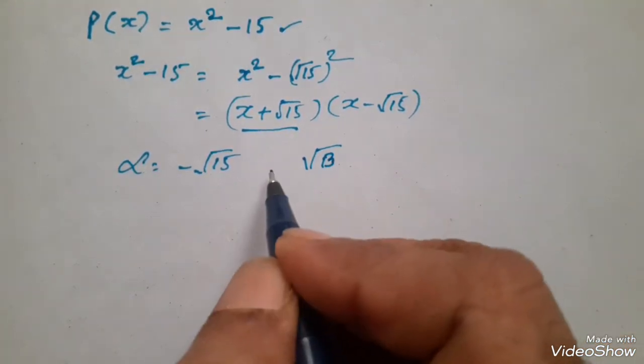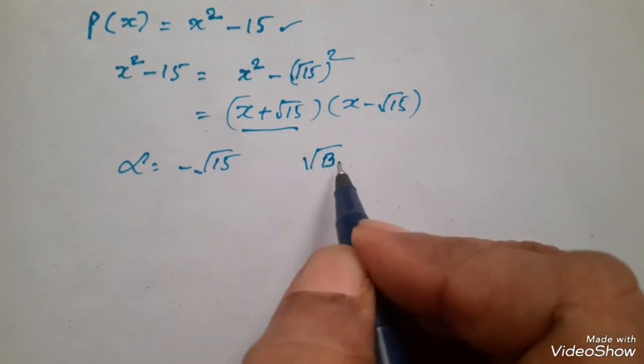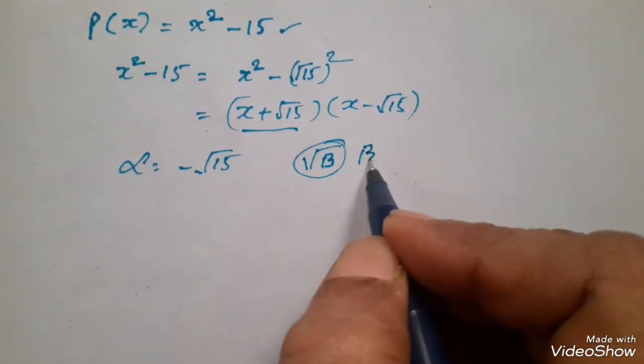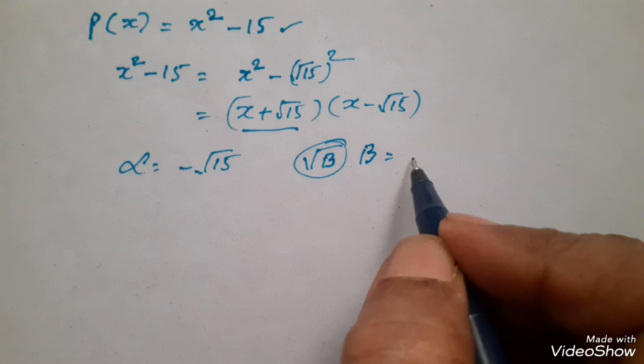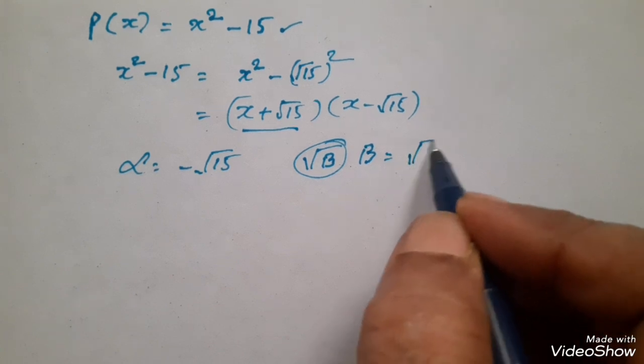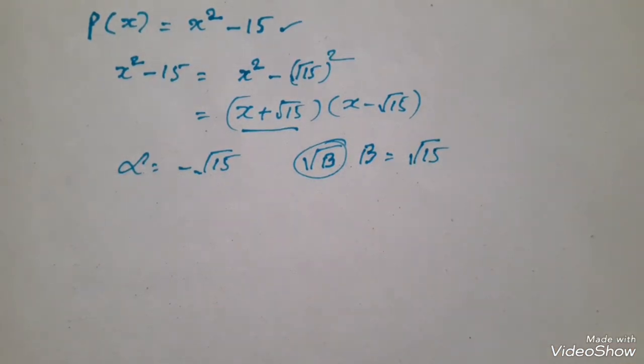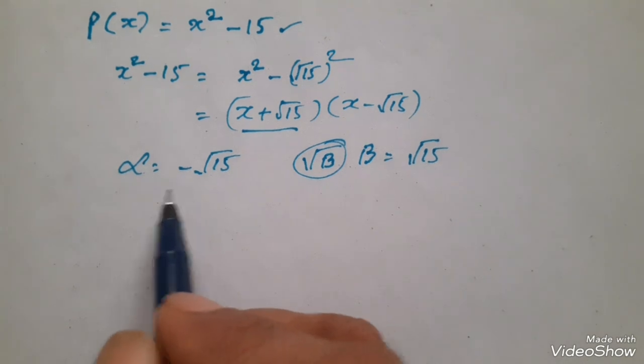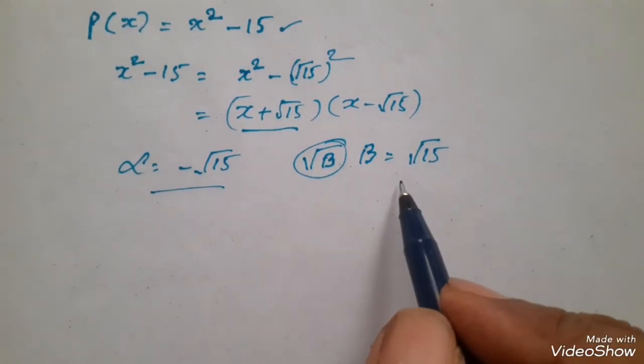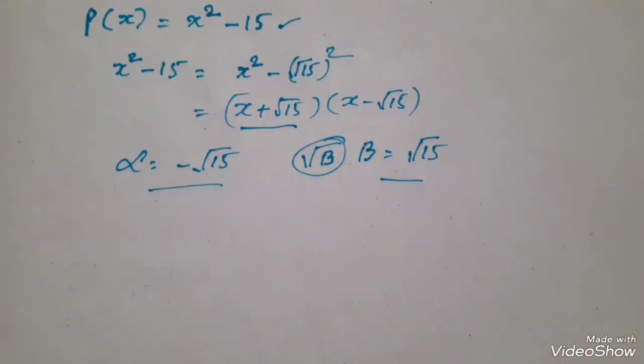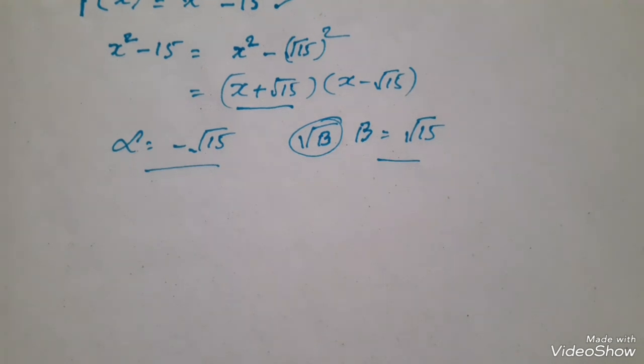So this is the second zero. So one zero is minus root 15, the other zero is plus root 15. Now you find the sum of zeros here.